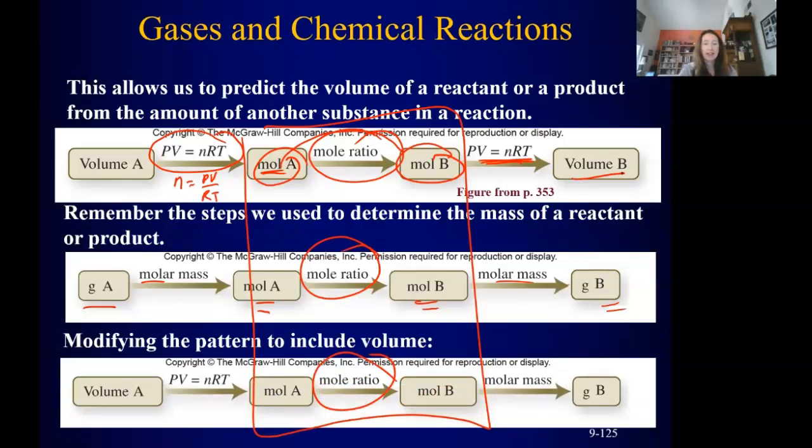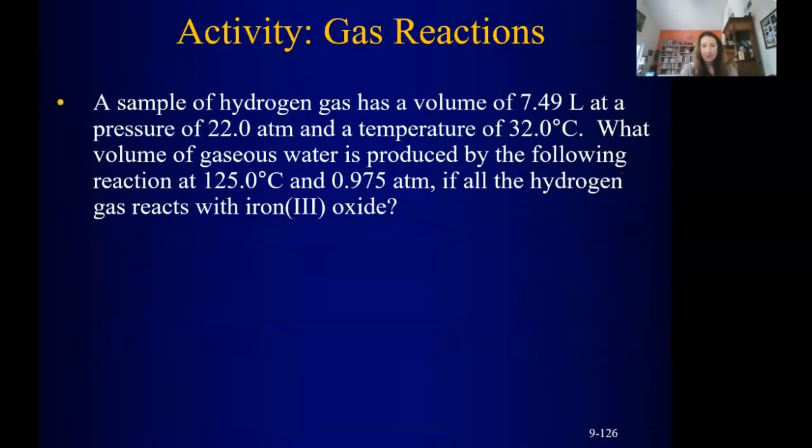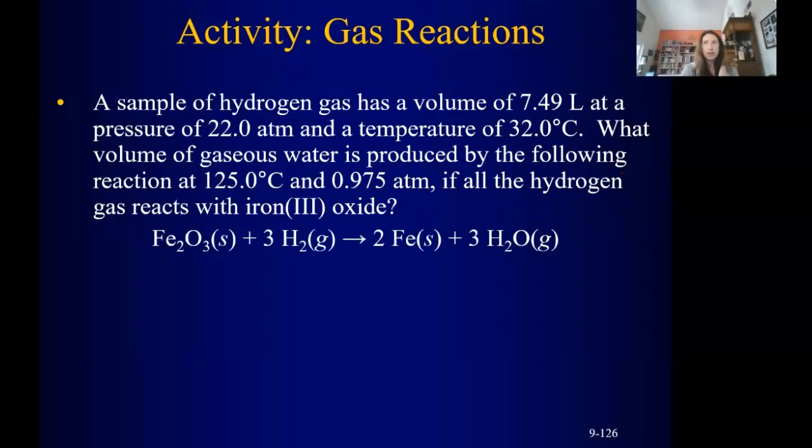Okay, and I think the easiest way to do these is just to start. Now remember, with stoichiometry, the hardest part is setting up the problem. You have to figure out what you're starting with and what you're trying to get to. That's kind of the key to stoichiometry, right?